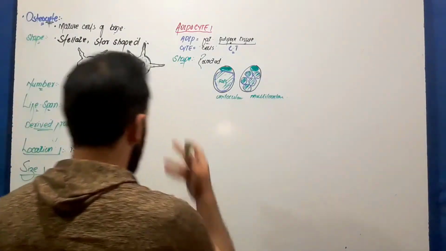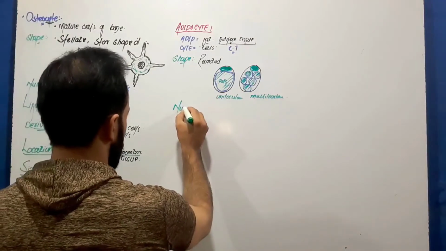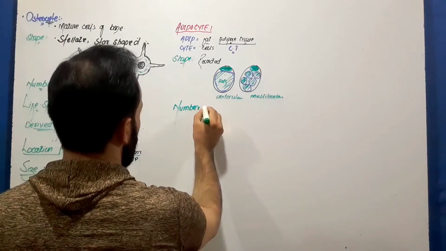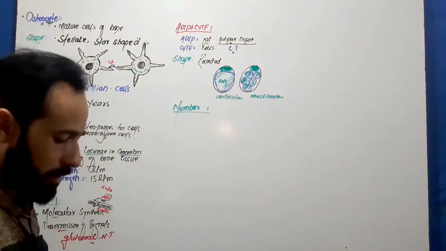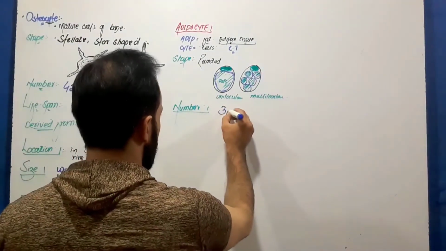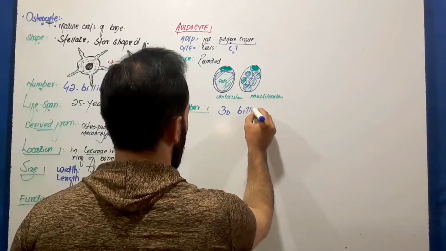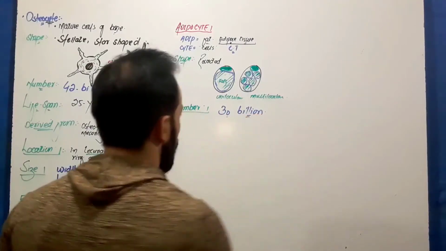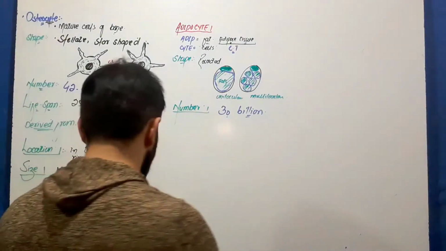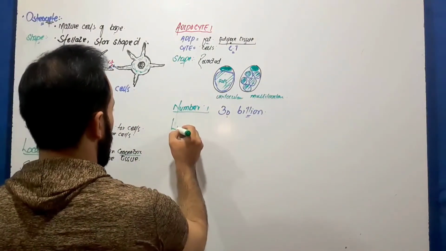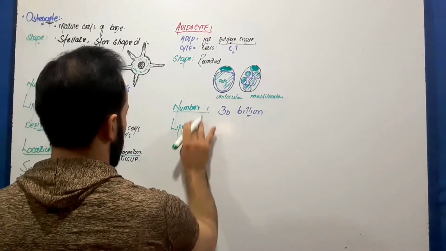Then what is their number? How many adipocytes are present? Their total number, the book has written, is 30 billion adipocytes in an adult human body. And what is their lifespan? They have a very long lifespan.